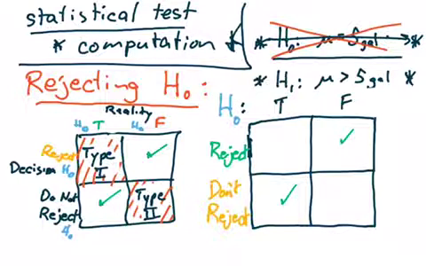Okay? It's true that they are innocent, and so we do not convict them of this crime. So that is the correct decision there. All right? Or if it is false that they are innocent, so they are guilty, and we reject their innocence, we convict them, that would be another correct decision.